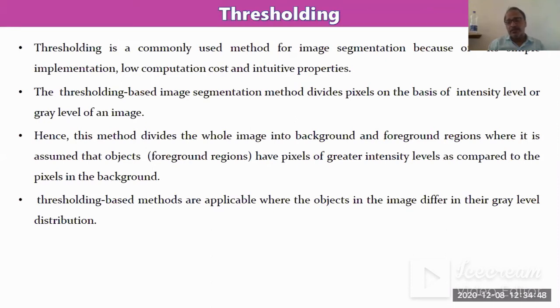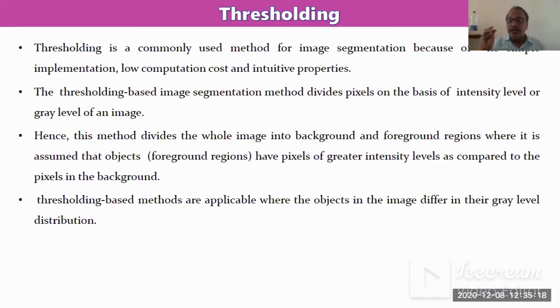In Hough transformation or in local transformation, we require more computational cost and more processing time. But in the thresholding technique, the computational time required is very little. That's why this is one of the important techniques used in segmentation.